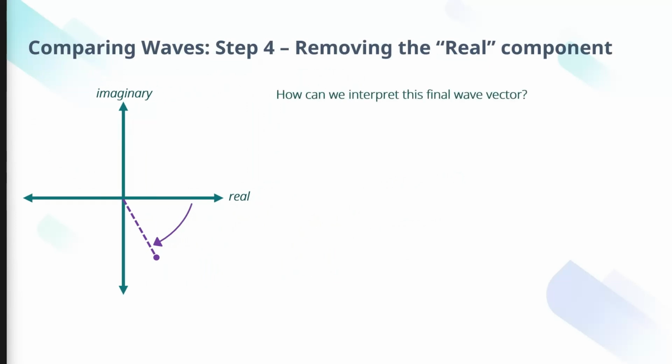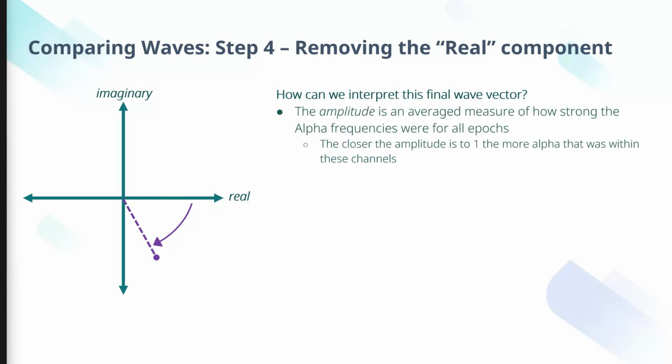So how can we actually interpret this new combined wave vector? The amplitude is an average measure of how strong, in our example, the alpha frequencies were for all the epochs. So the closer it is to 1, the longer that line is, the more alpha was within both of these channels at the same time.